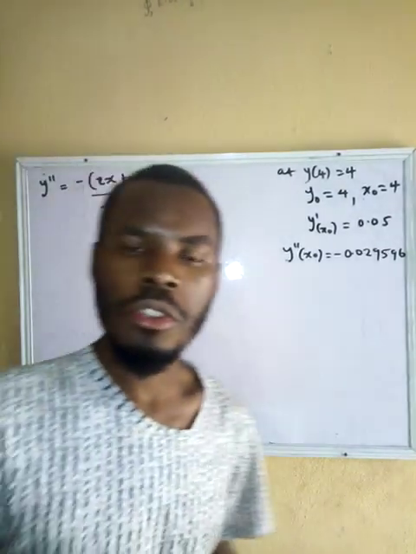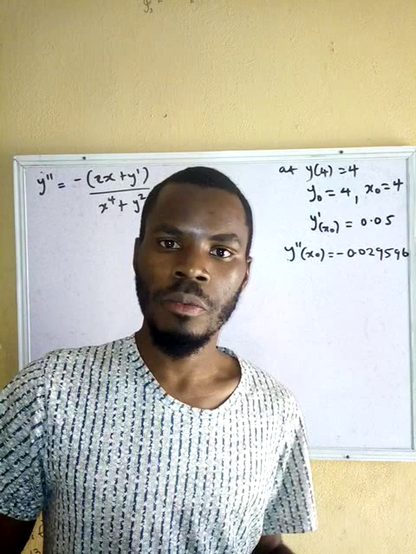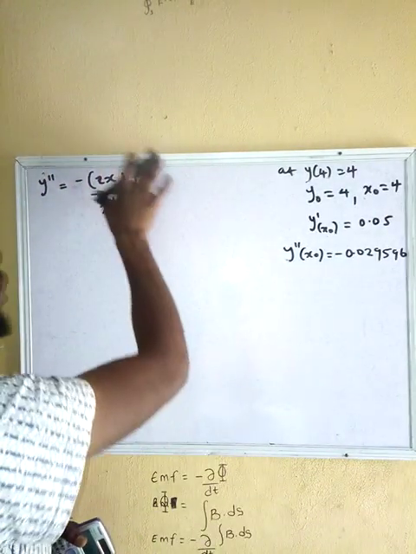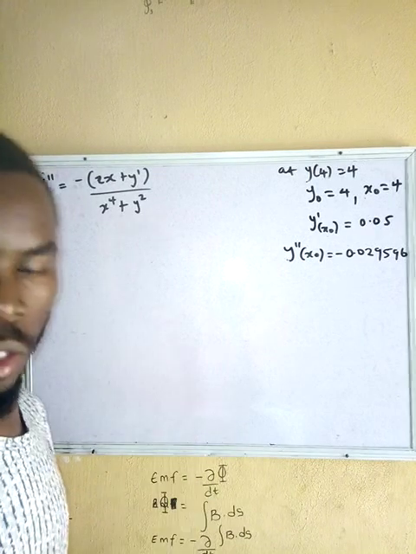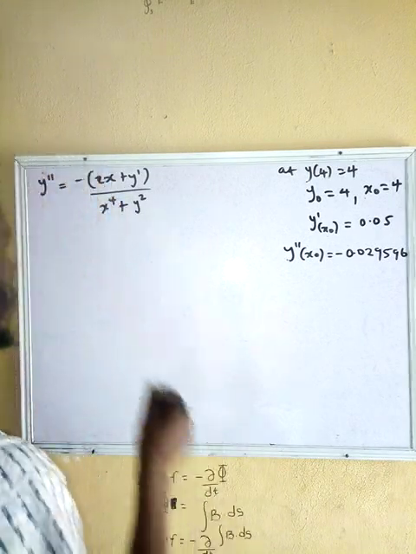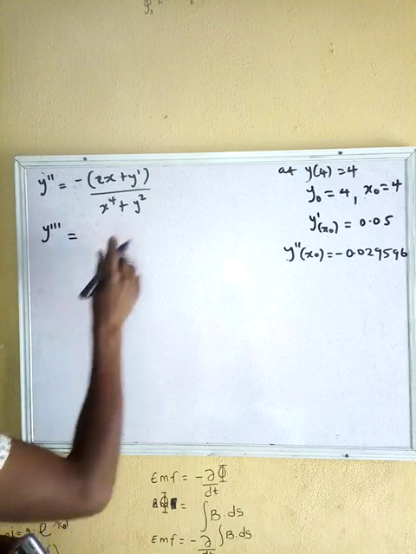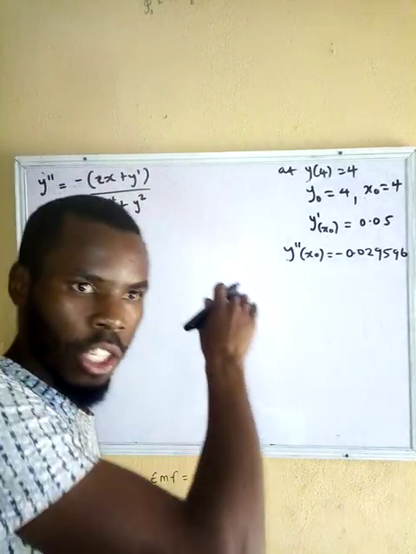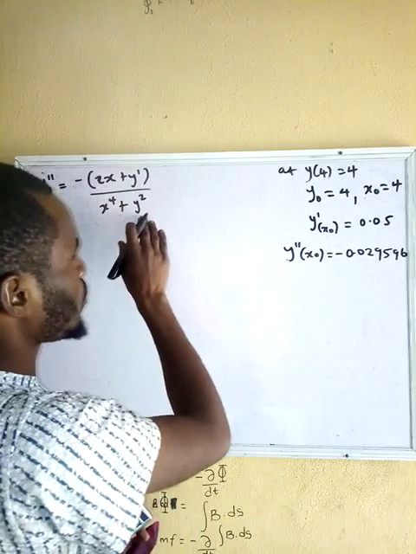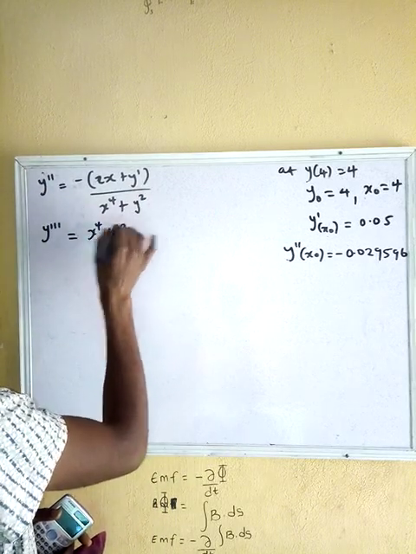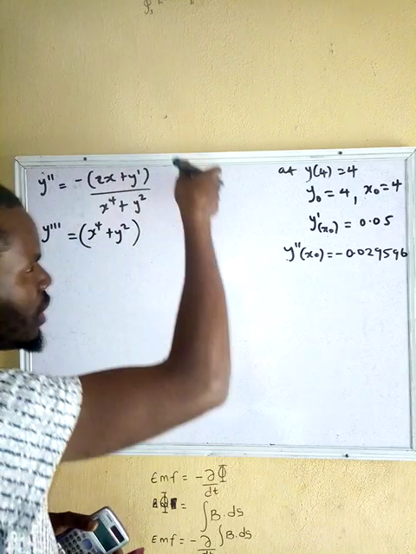Right, in order to obtain the third derivative from that expression, we have to differentiate this particular equation once more, then we'll obtain the third derivative. So the third derivative, y prime prime prime, is equal to bottom. Don't forget, when I say bottom, we write the expression below, which is x to the power 4 plus y squared, multiplied by d top.